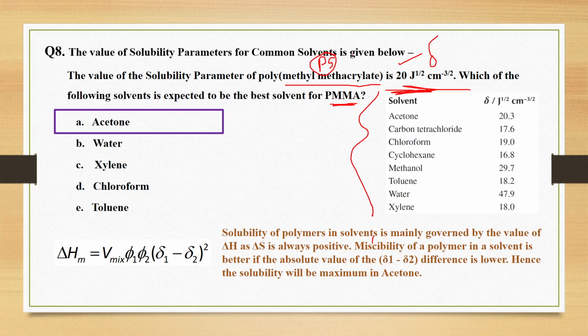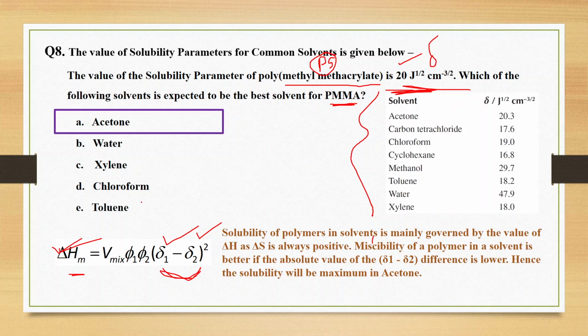So what you need to do is consider the Hildebrand equation that we take, and we know that the lesser the value of delta 1 minus delta 2, the lesser the value will be for delta H. So the less positive the delta H value is, that is better for your negative delta G, right? So we just have to check in which case you have the minimum difference between the polymer's and solvent's solubility parameter.